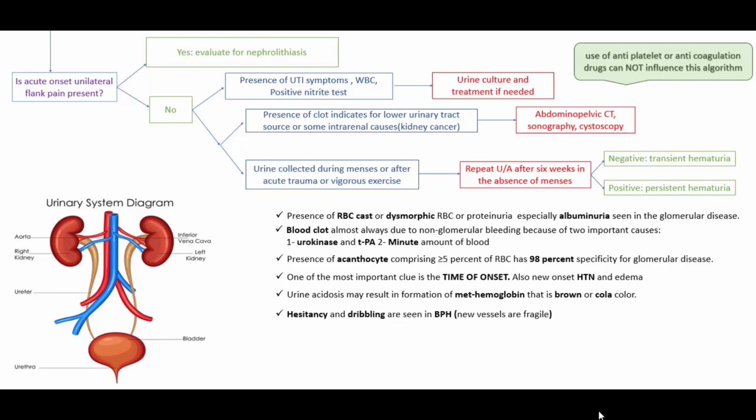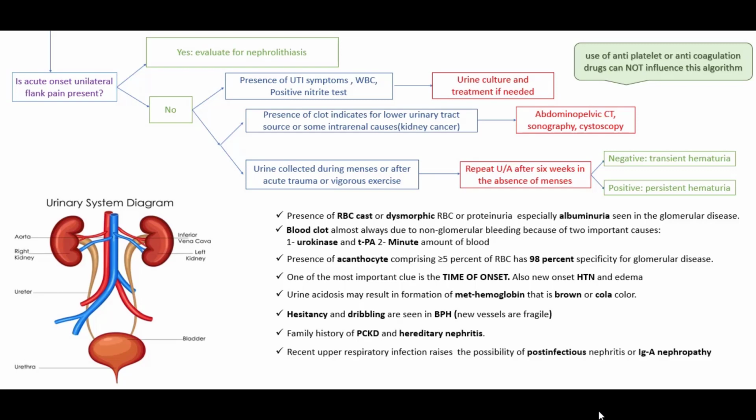Hesitancy and dribbling are seen in BPH or some cancers of the bladder. Why are hesitancy and dribbling seen in BPH? Because the new vessels in BPH are fragile, and this causes the hematuria. Family history of polycystic kidney disease and hereditary nephritis is very important, and also a recent upper respiratory infection raises the possibility of post-infectious nephritis or IgA nephropathy.